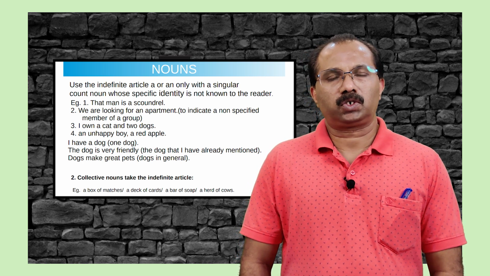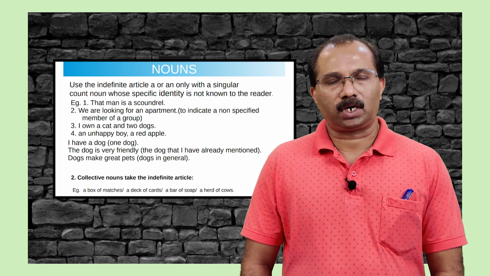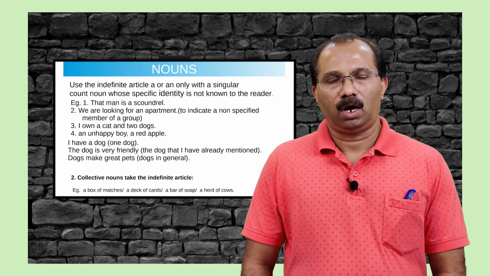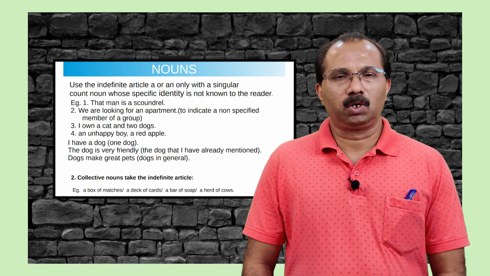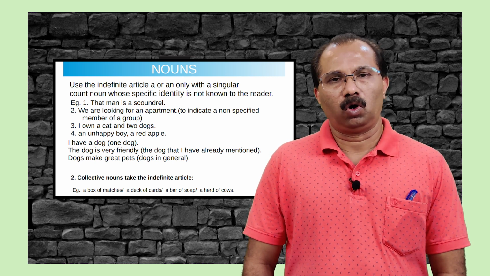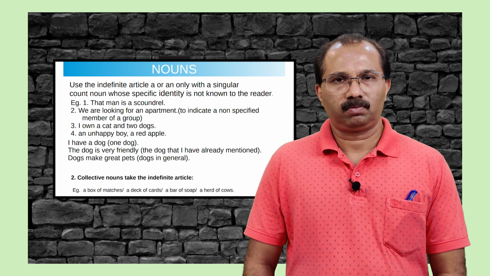Then, to show singularity or plurality. For example, I own a cat and two dogs. So before the singular noun we use a cat. Before the plural noun dogs, no article is used.